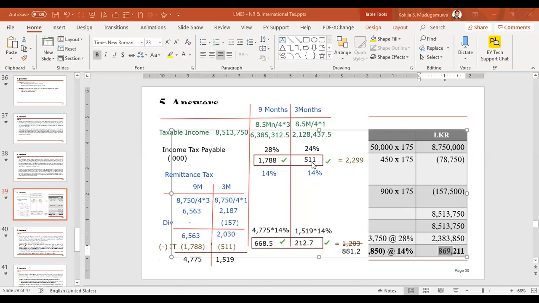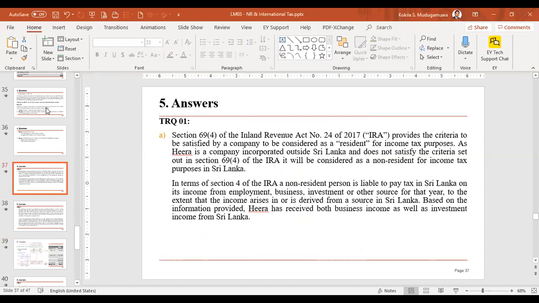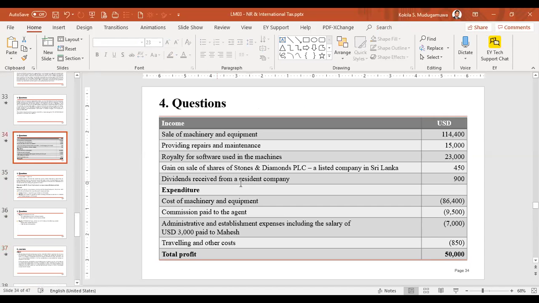If you can check the circular, whatever dividend is received in the last 3 months, which is exempt for a non-resident person, is exempt from January onward. In the question I haven't mentioned that this dividend falls under the last 3 months.